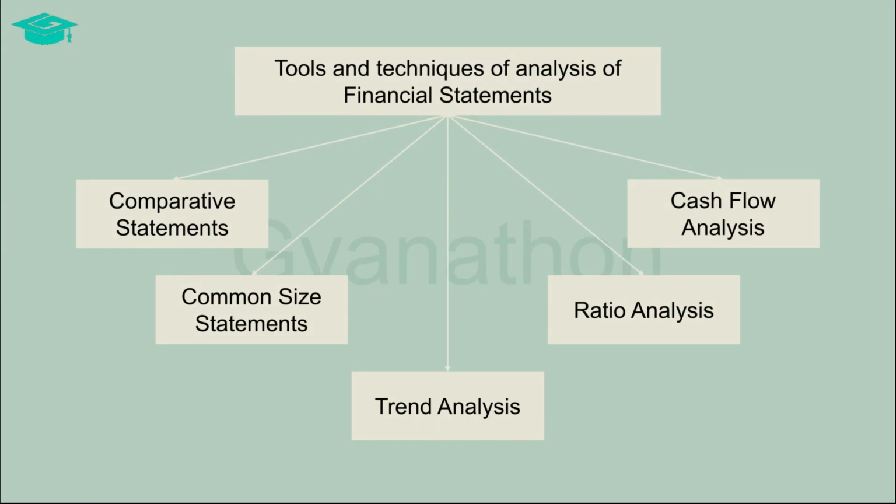A company most commonly uses these five tools for analyzing the financial statements: comparative statements, common size statements, trend analysis, ratio analysis, and cash flow analysis. These five tools achieve the various objectives that a company may require in order to take various kinds of decisions. Let us discuss each of these techniques in detail.